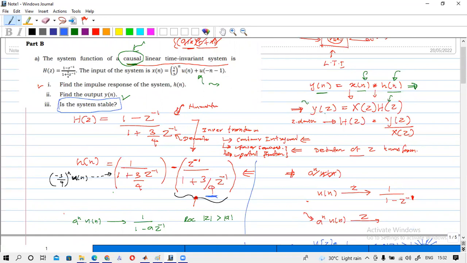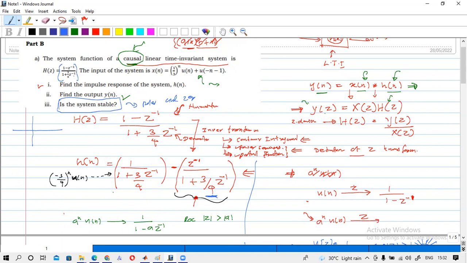We can express it using the pole zero plot. So if you can find the poles and zeros, you can find the stability. For Hz you have to find the poles and zeros, from the impulse function.